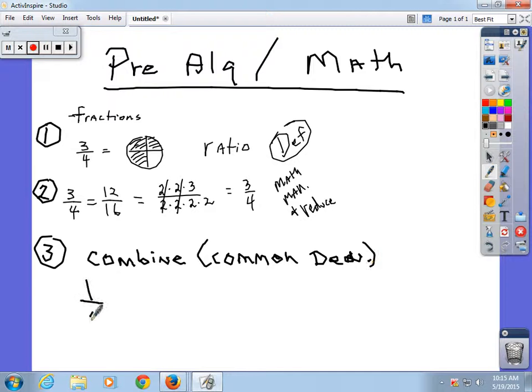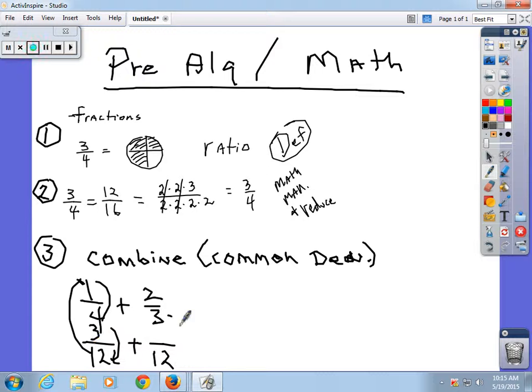And 1/4 plus 2/3, and that would be a 12 here and 12 here. 4 will go into 12 3 times. 3 times 1 is 3. And 3 will go into 12 4 times. 4 times 2 is 8. And 8 plus 3 is 11/12. And you were taught how to do that.